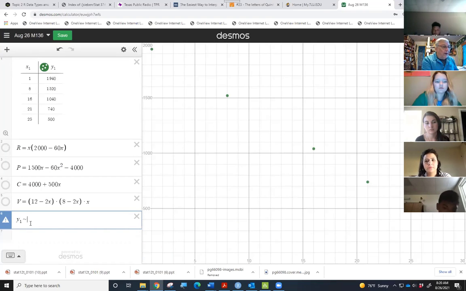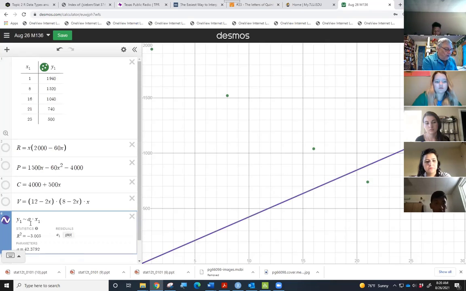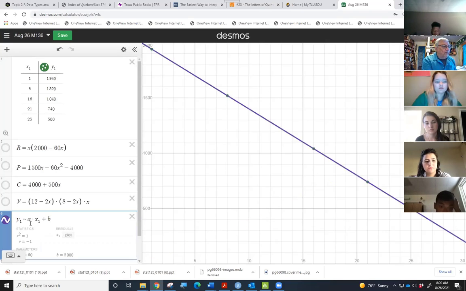equals a times x1 plus b. Now, Desmos is so fast, it's already filled in something for me here, but let's look at what these components are. This comes from the table that I've got, the ordered pairs.